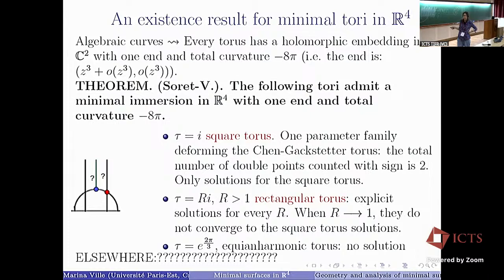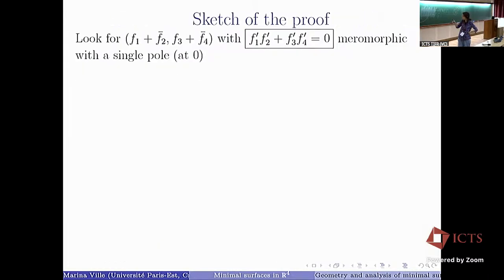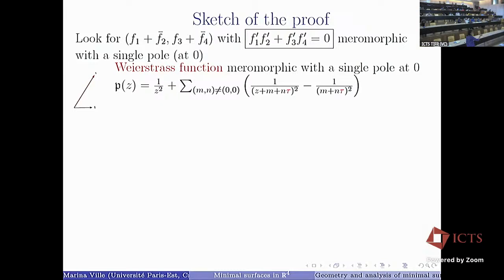So we do it. Remember, in the beginning of the talk, I said the minimal surface is constructed locally like that. So on the torus, we can actually look for global holomorphic functions like that, or rather meromorphic with a single pole. So we look for these four functions.